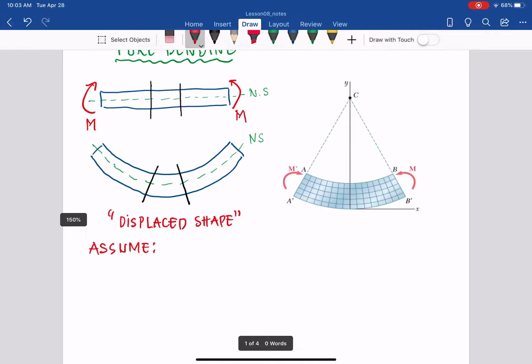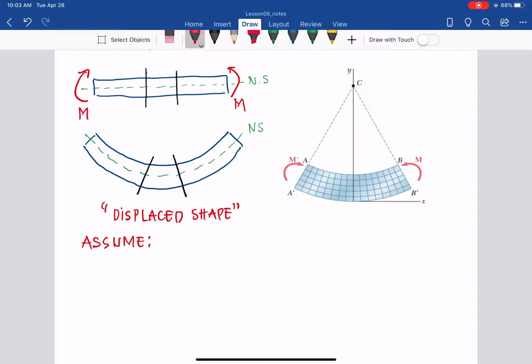There are 4 assumptions. The first one is the beam is initially straight.